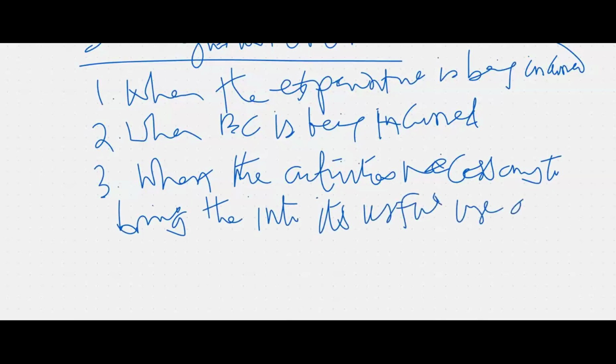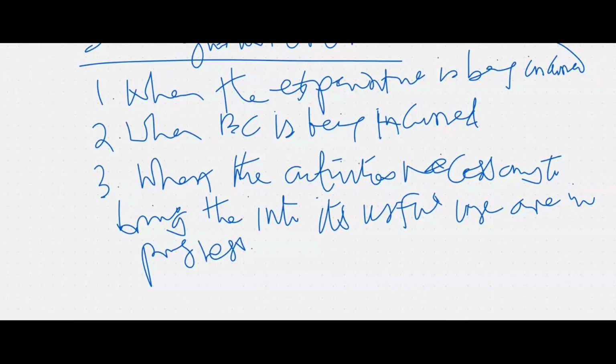So let me explain: when the activities necessary to bring the assets into its useful use are in progress or are in place. Okay, so these are the three recognition criteria.